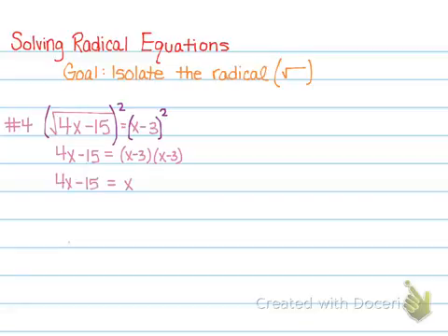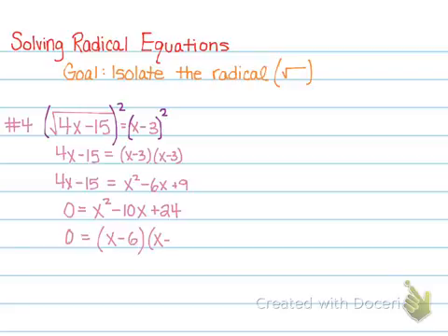And this gives us x squared minus 6x plus 9. So once again, we're going to set it equal to 0, bring everything to the right side, and I get x squared minus 10x plus 24. This is also factorable, and we get x minus 6 and x minus 4. So our solutions are positive 6 and positive 4.